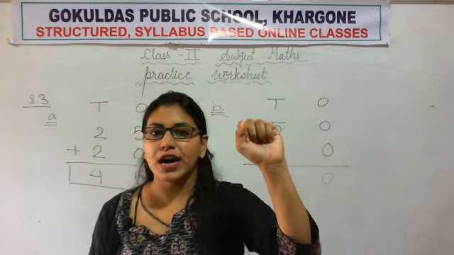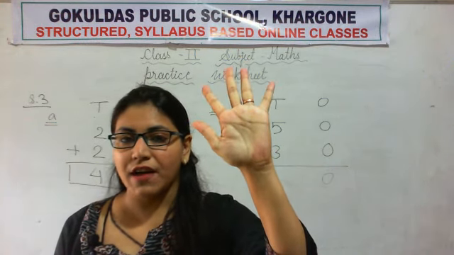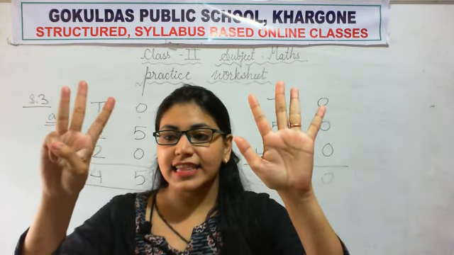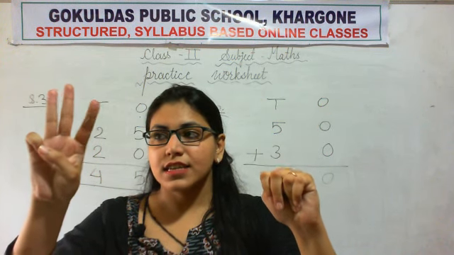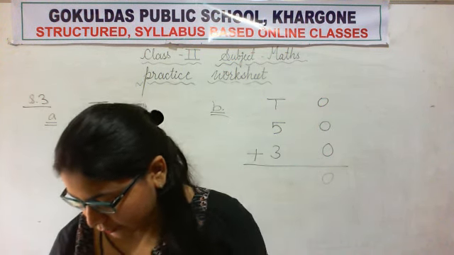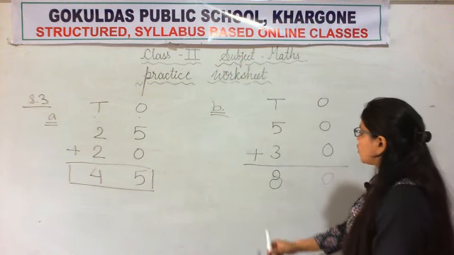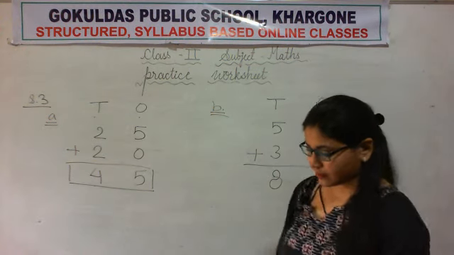Let's open 5 fingers first. 1, 2, 3, 4, 5. 5 plus 3. 1, 2 and 3. Now let's count how many. 1, 2, 3, 4, 5, 6, 7, 8. 8 fingers. So we will write number 8 here. So 50 plus 30 is equal to 80.